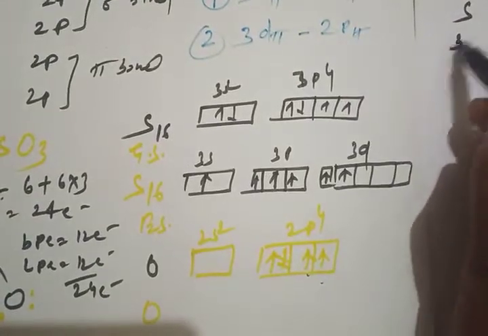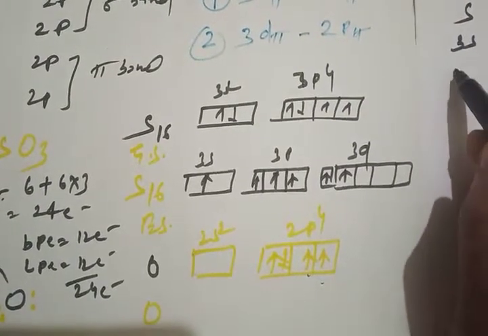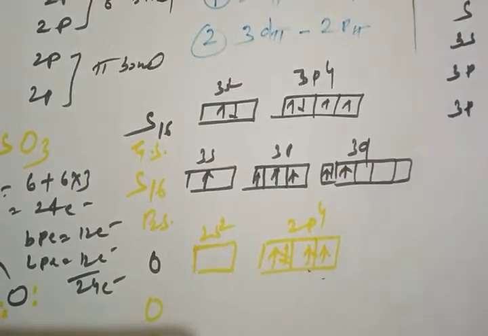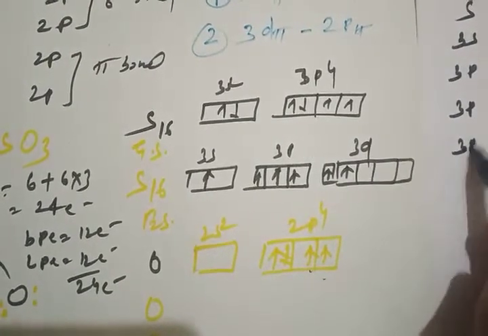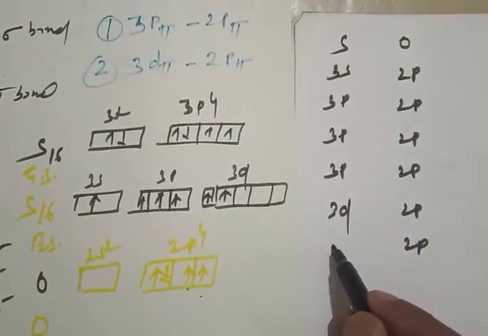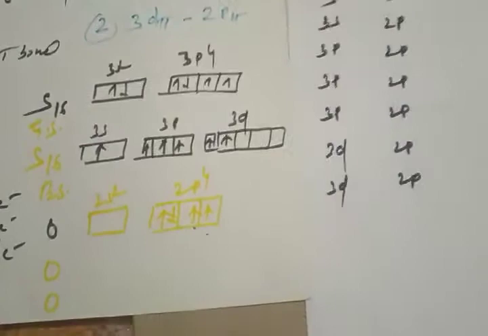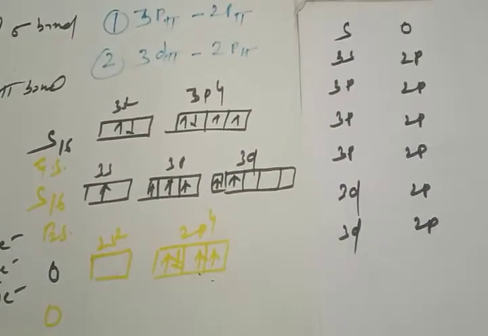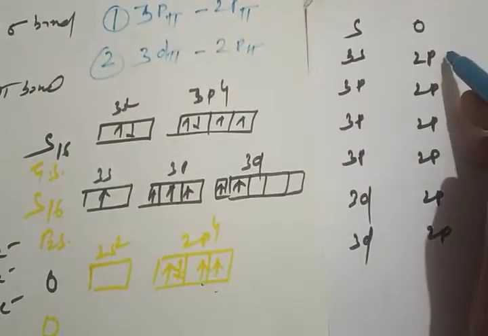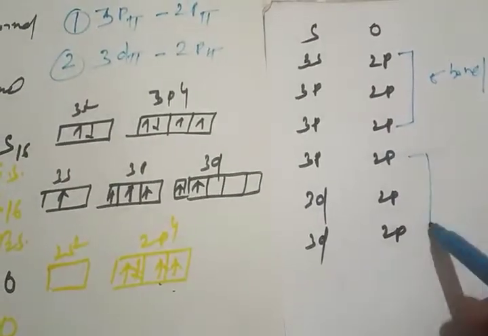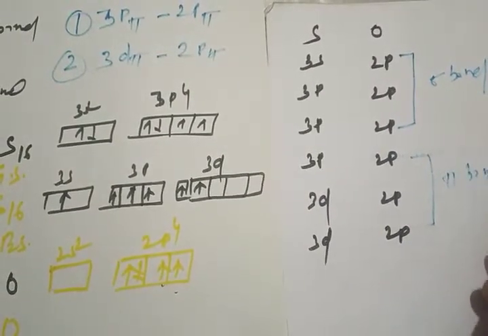So it will give you 3s, then 3p, 3p, 3p, then 3d, and then 3d. This will give you 3 sigma bonds, and this will give you 3 pi bonds.